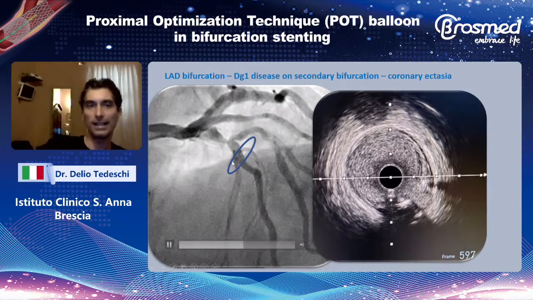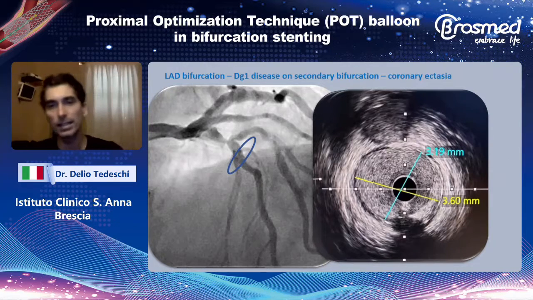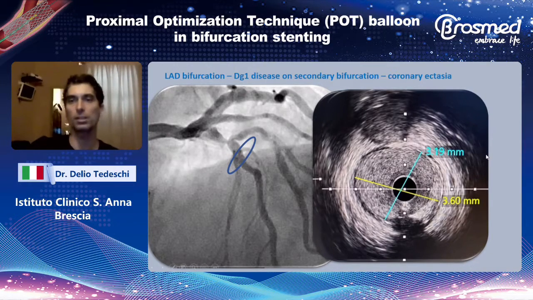We can see at the level of this small diagonal and the first septal, at 6 o'clock and 12 o'clock, the two small branches. And the main vessel distal diameter was very, very precise, a 3.5 vessel diameter.